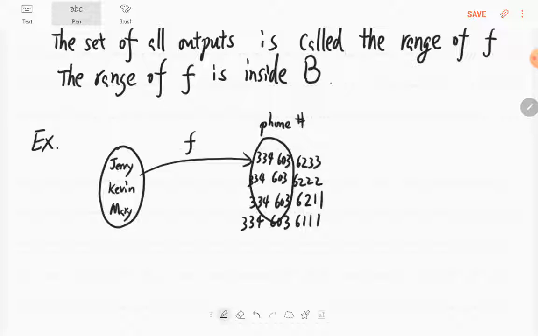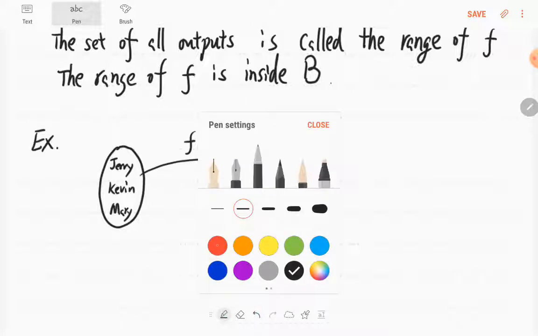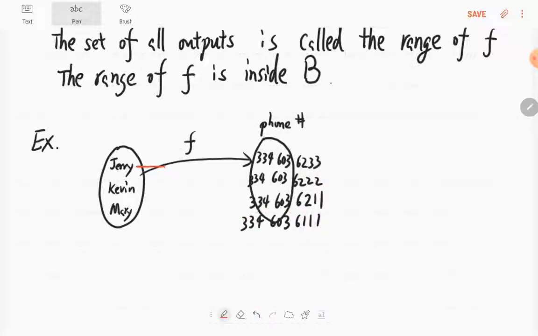Okay, we have 4 phone numbers. So we notice that Jerry has 1 phone number, Kevin has 1 phone number, but Mary has 2 phone numbers because she has 2 phones.